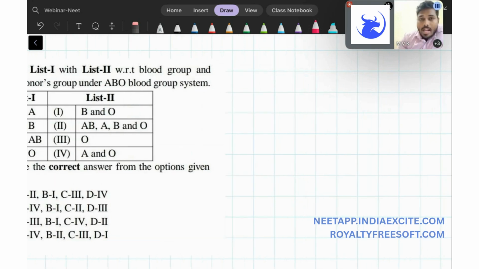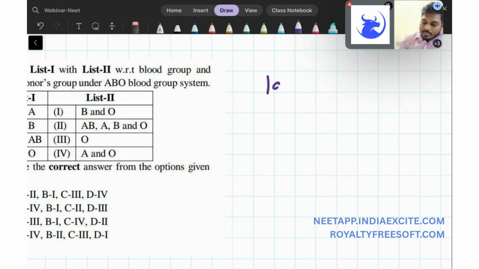So what does Landsteiner's law give us? It is basically on the antigen-antibody interaction. Landsteiner proposed two laws. The first law is forward grouping and the second law is reverse grouping. Basically these things are not given in NCERT, but I just wanted to share some idea. This law describes the principles of ABO blood grouping.